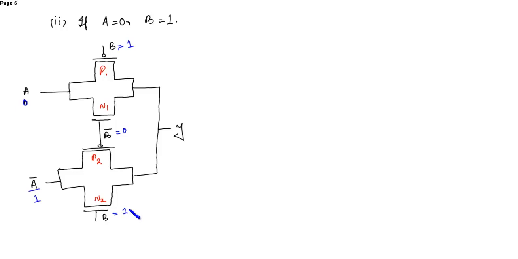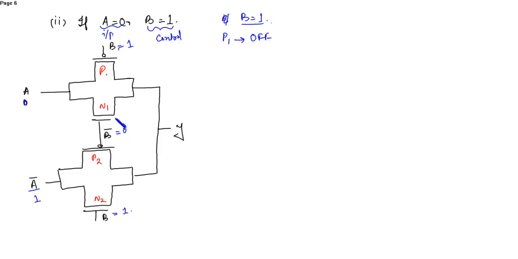So now this is the control signal, right? We know that this is the control signal and this A is only the input. So when B is equal to 1, then this PMOS will turn off. If B is equal to 1, then P1 will turn off.